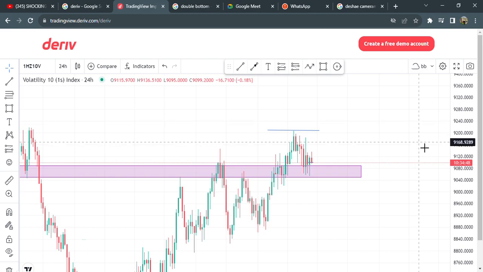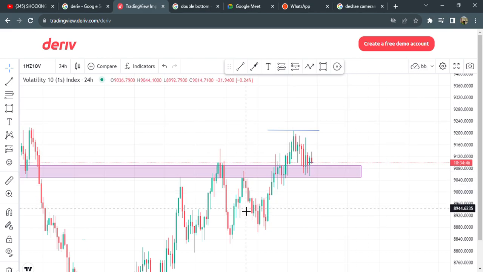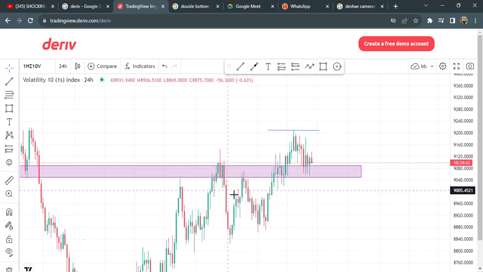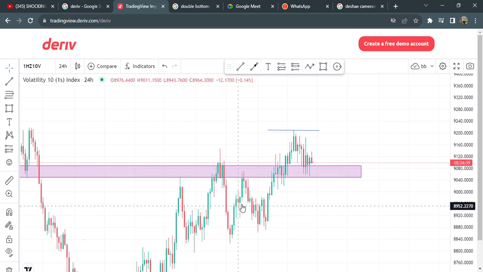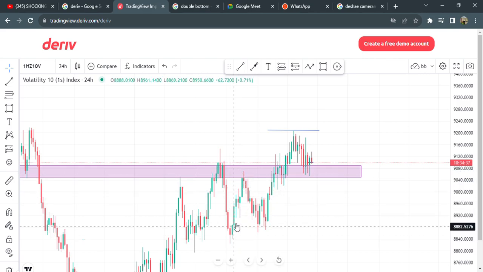So basically here you can see forming something like a double bottom, like a W here down.